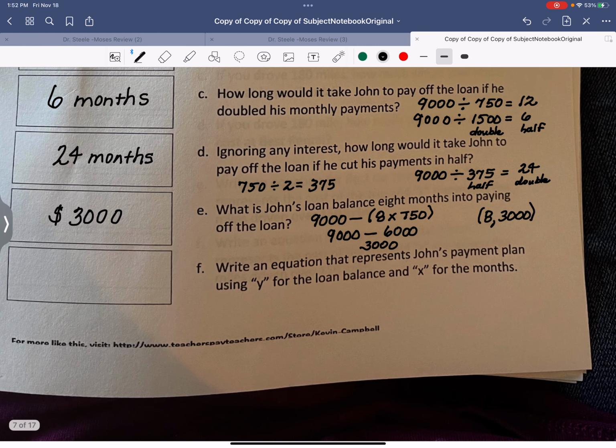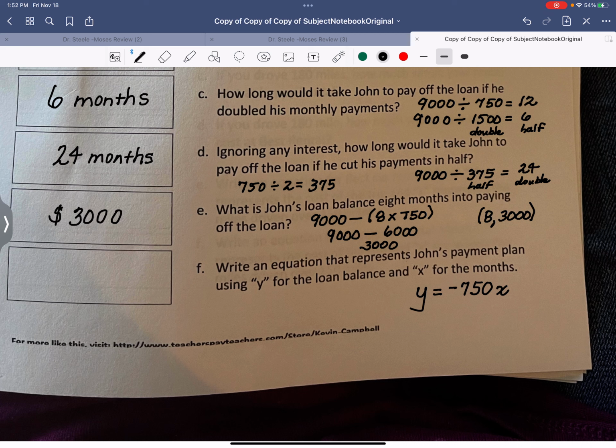Write an equation that represents John's payment plan using Y for the loan balance and X for the months. So the balance is going to be... we're getting there. We're not quite there.